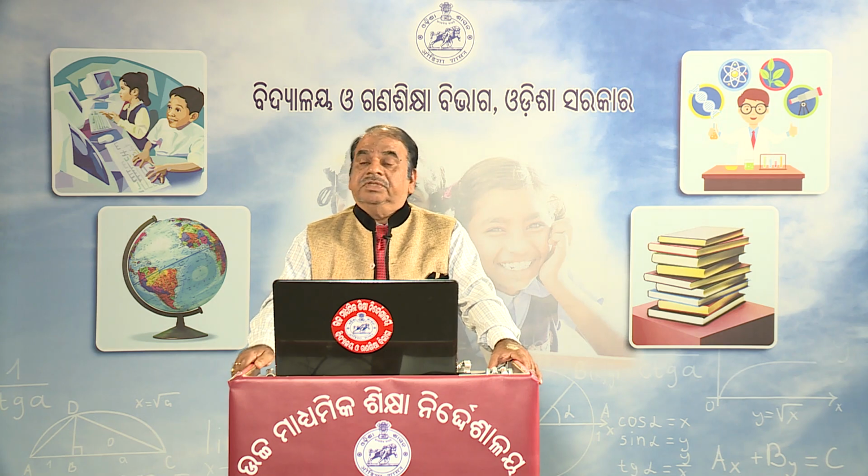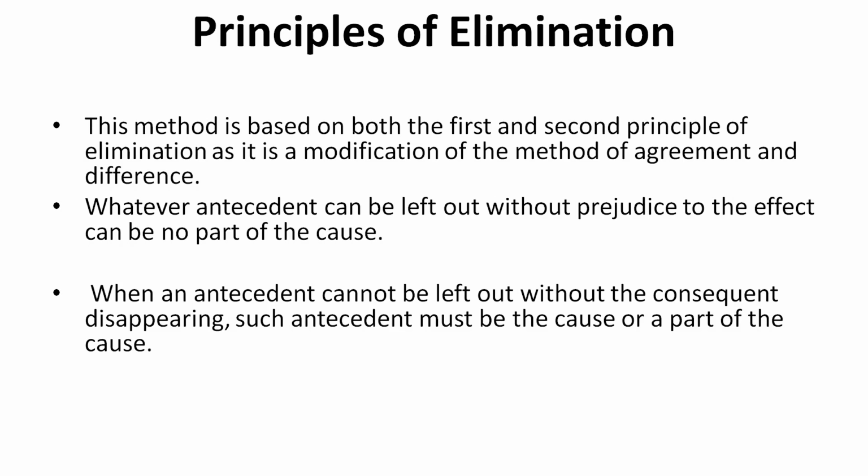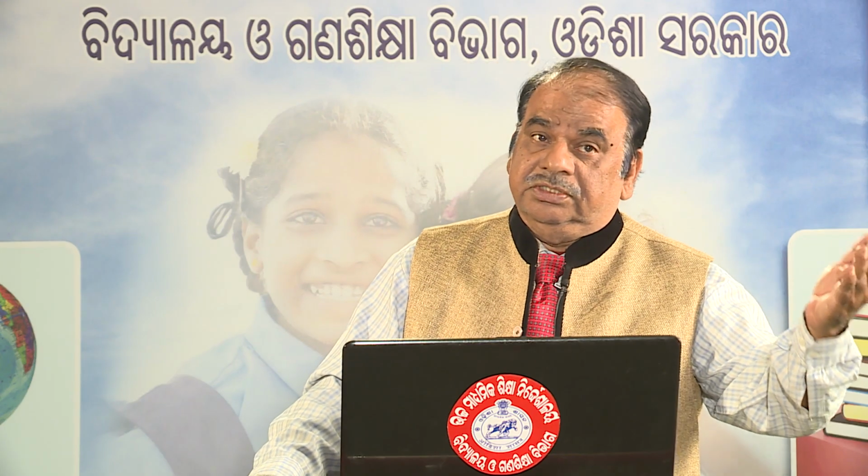Similarly, the second principle of elimination is that when an antecedent cannot be left out without the consequent disappearing, such an antecedent must be the cause or part of the cause. The first principle says what cannot be the cause, the second says what can be the cause. If you take away some antecedent and the effect also goes away, then we can relate the two by the causal relationship.